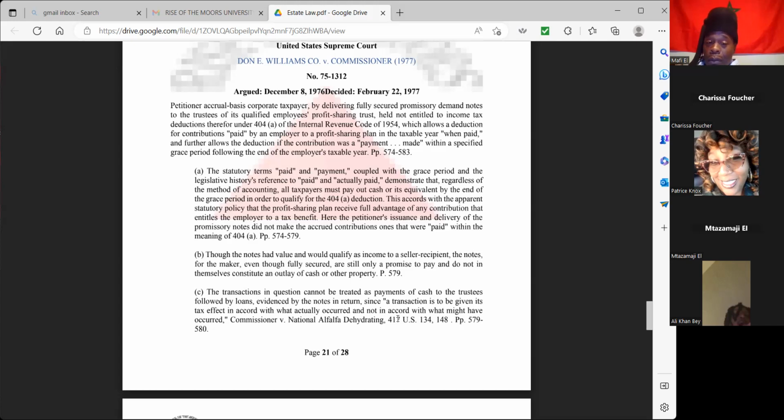To substantiate that point, another court case, Commissioner versus National Alfalfa Dehydrating. So that was actually a United States Supreme Court case.